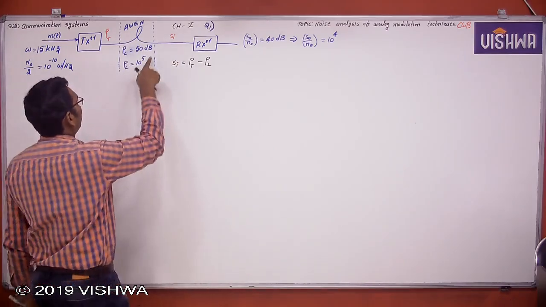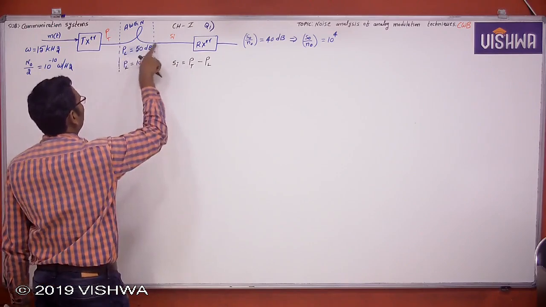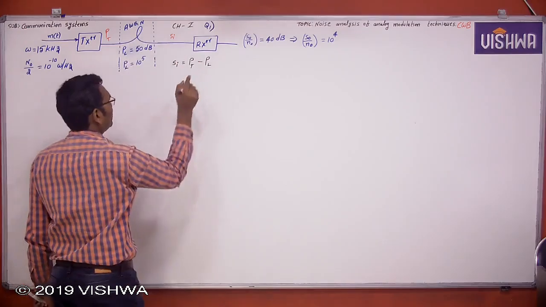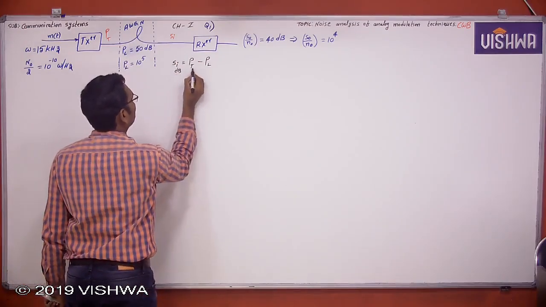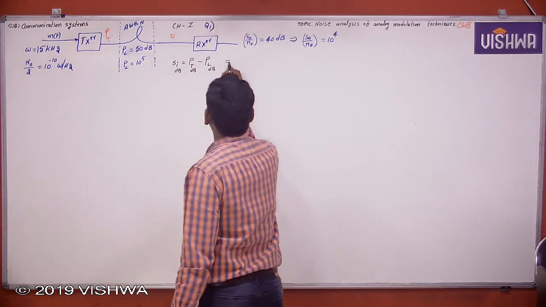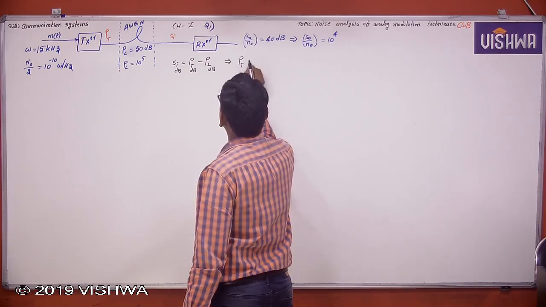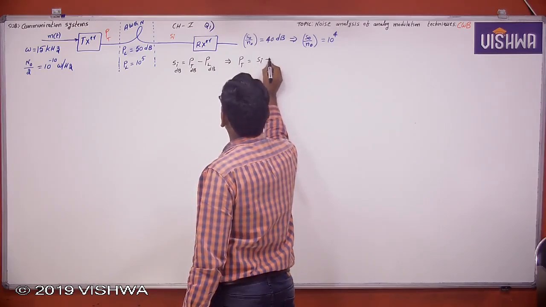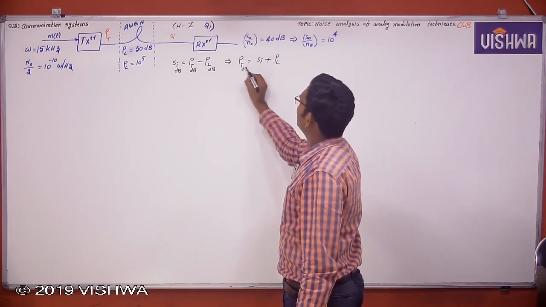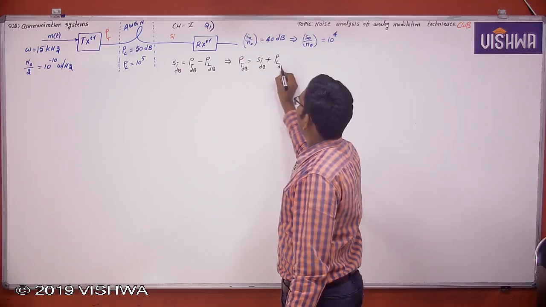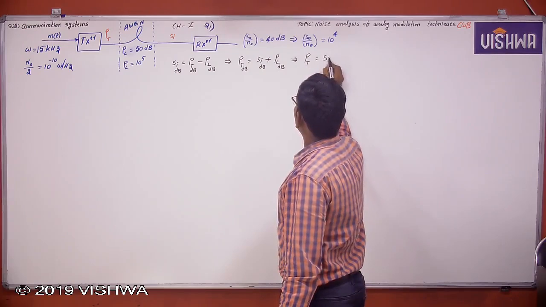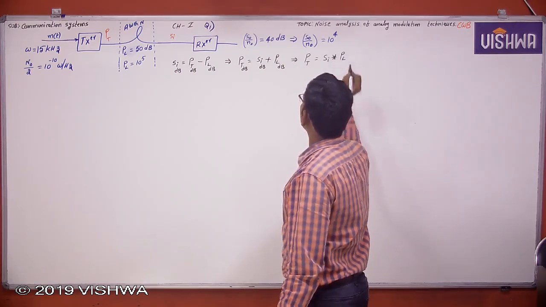This is in terms of dB. So the total transmitted power is signal power plus losses. Now I want it in terms of magnitude. So the total transmitted power is signal power multiplied by power losses.